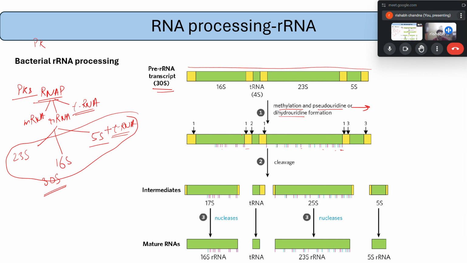Okay, now what are these particular sites? 1, 2, and 3. So these are basically the sites for different RNases acting.